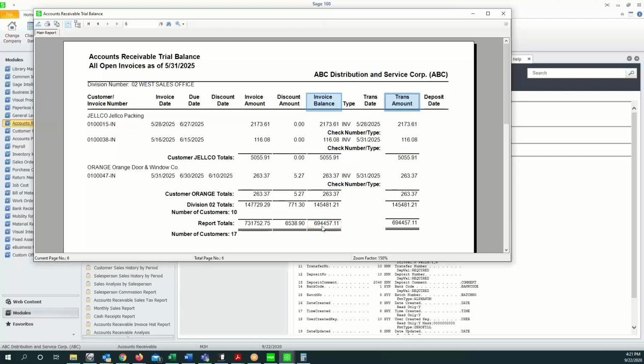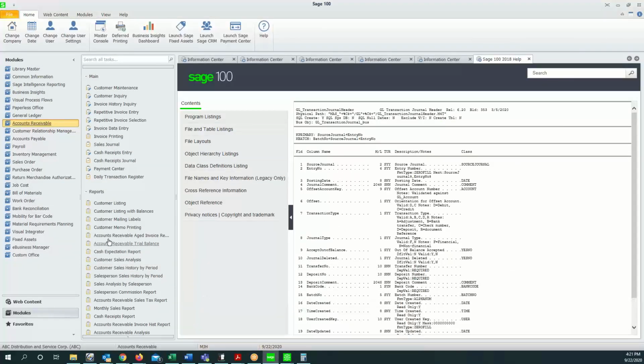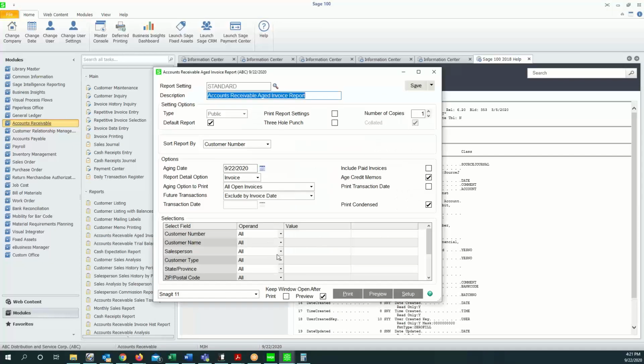Now, the good thing, if we think back to the aging report that we had, let me pull that back up so we can look at all of this together, is that our aging report and our trial balance report they both balance.